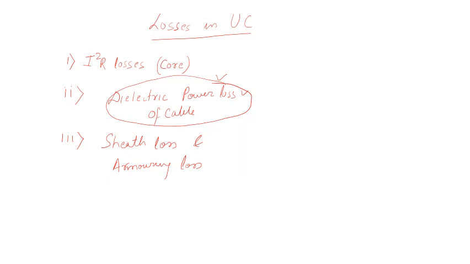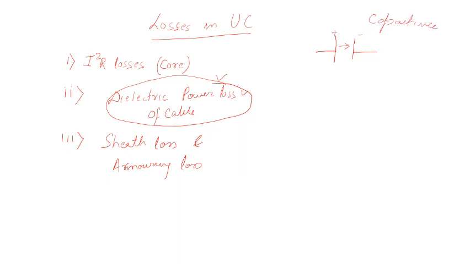Now, talking about dielectric, you have heard that dielectric is the medium that transfers the energy from the positive plate to the negative plate, and that property we call capacitance, right?